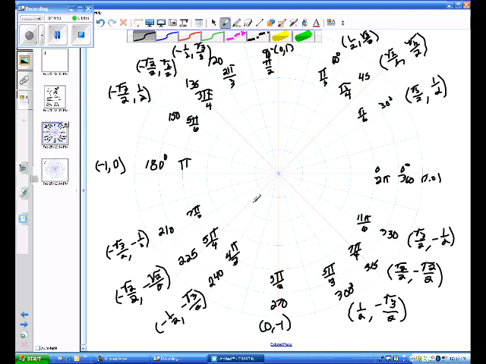As we go around, now, what if we wanted to find the tangent of 30? Well, we know that tangent is y over x, or we also know that tangent is sine over cosine. So we could find our tangent. It would be 1/2 over square root of 3 over 2.